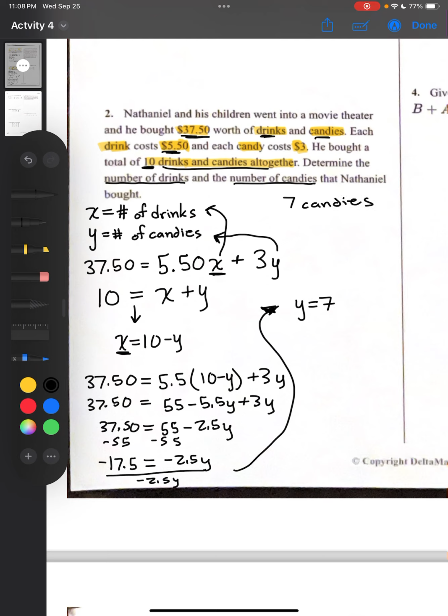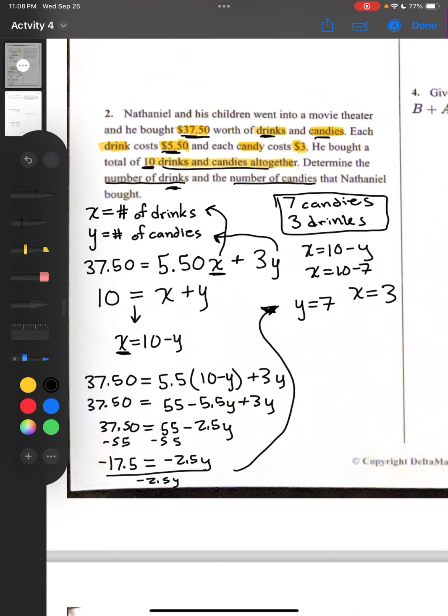We need to know how many drinks there were too, which is our x. So x right now equals 10 minus y. So x equals 10 minus 7, which gets you x equals 3, which gives you your answer of 3 drinks. So that right there is the answer for number 2.